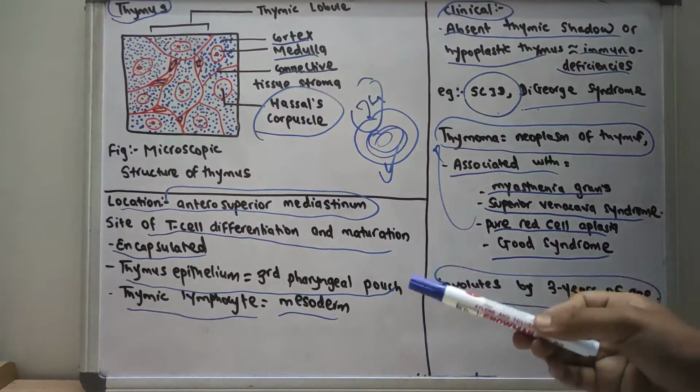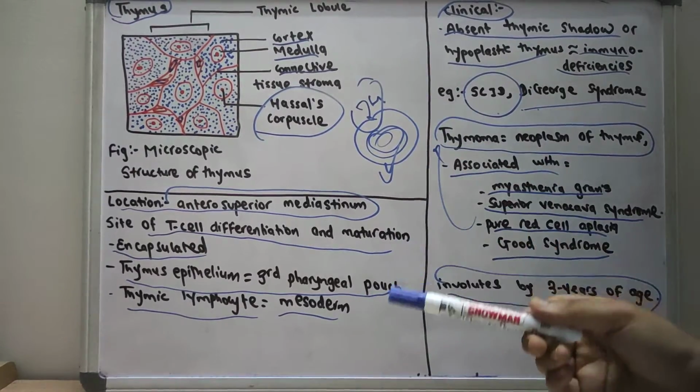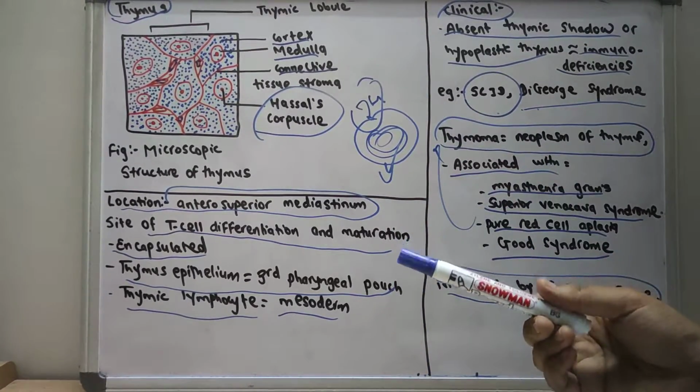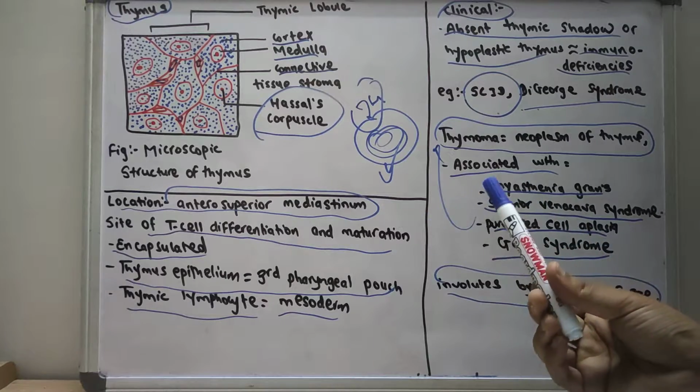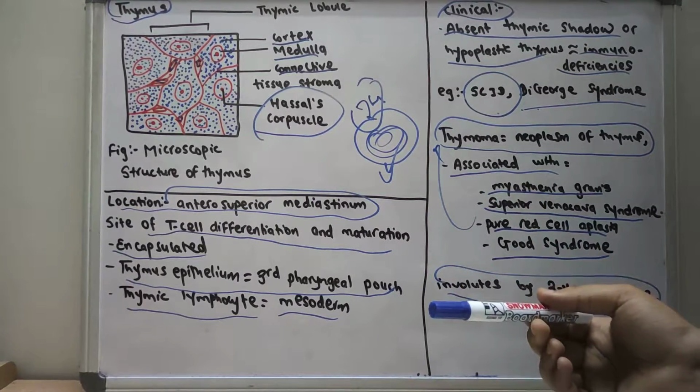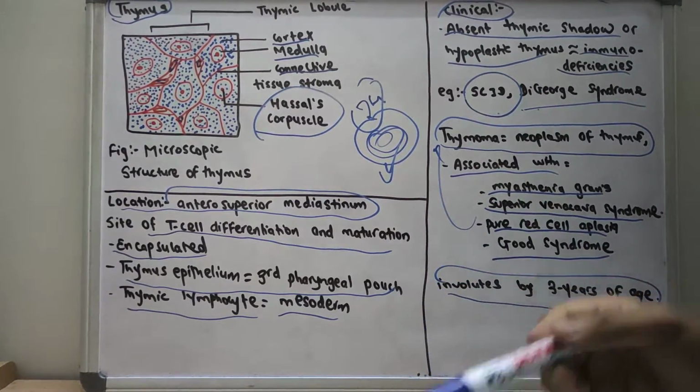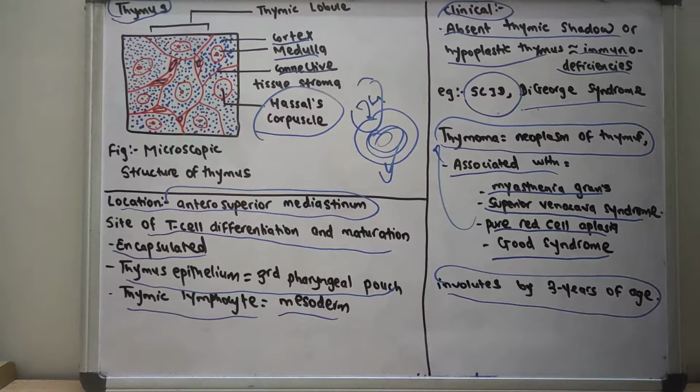We also discussed a brief introduction of the thymus: its location, the derivatives of the thymic epithelium and thymic lymphocytes, and clinical conditions like the absent thymic shadow or hypoplastic thymus, and thymoma.